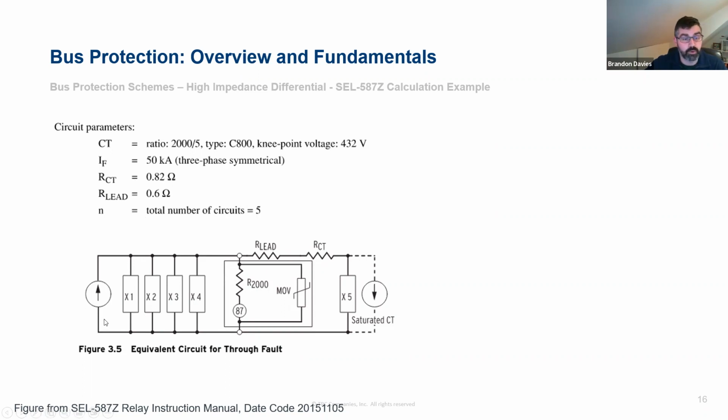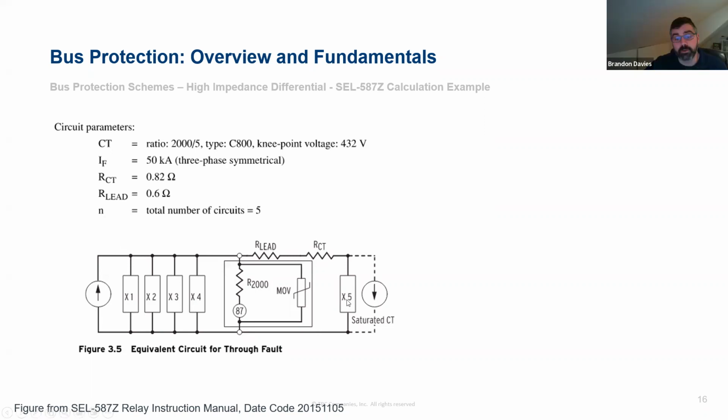So we've got an equivalent circuit here. You can see these X quantities here are the excitation branch of the CT circuit. We've got 4 of them on one side here and a current source. So these are our CTs for the part of the source off the bus that are not faulted.